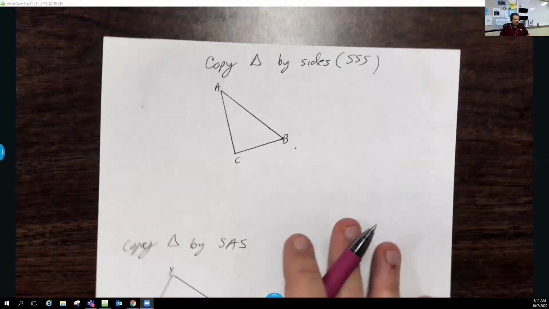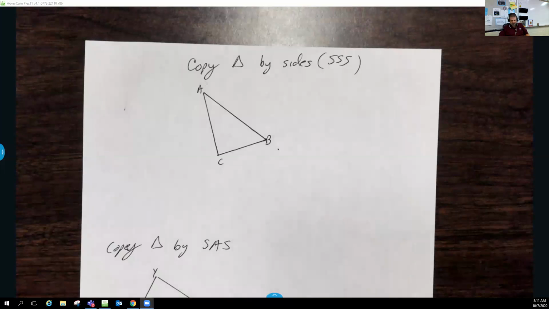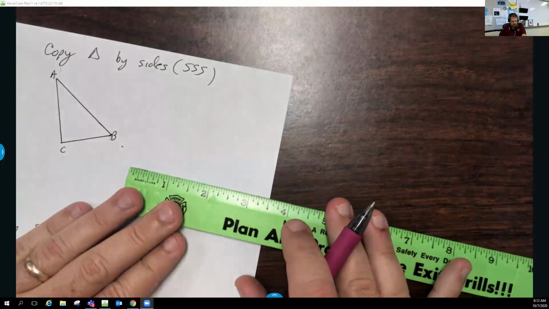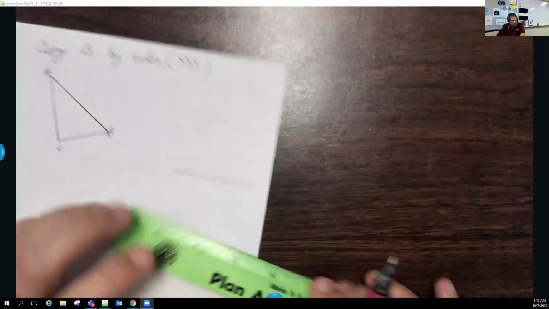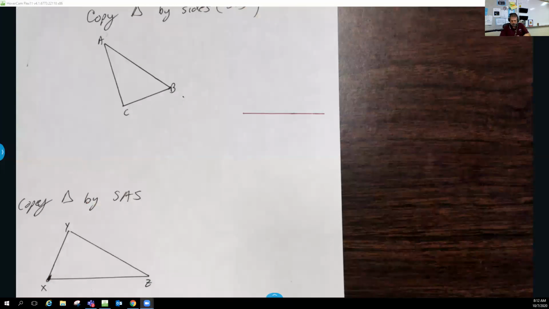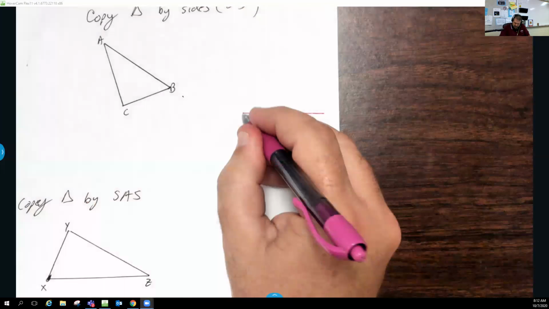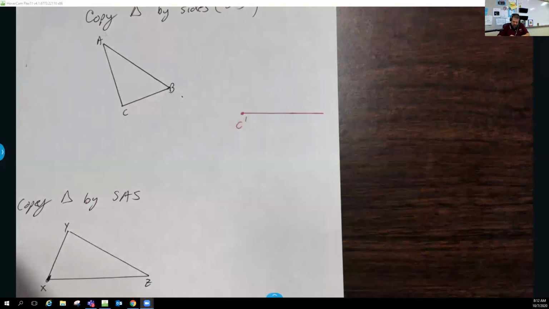All right, so the other two things they have is copying the triangle by sides. So what we're going to do is, it's easier to do it straight up and down. I'm going to first draw a line and copy CB. So we're going to say that this is C prime. So I need B prime.